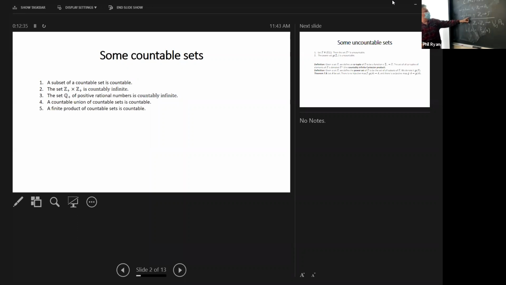Because G is a surjection onto J, so it goes through every possible index in J. Then K goes, for a fixed I, through a surjection onto A_G(I), whatever that is, so it goes through every element of that set. So it goes through every set, and in each set, it goes through every element of that set. So this is a surjection.